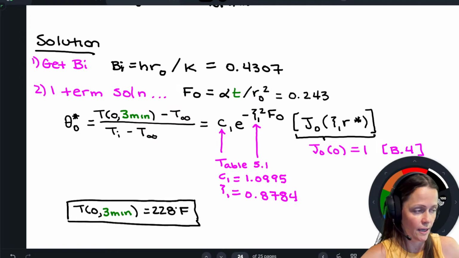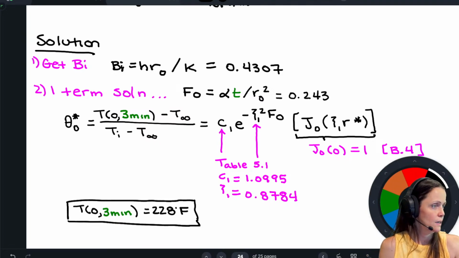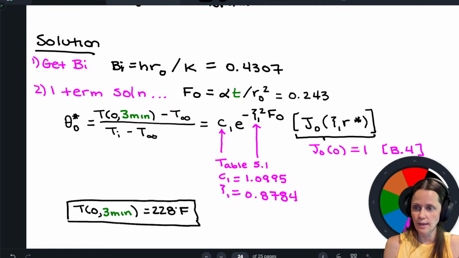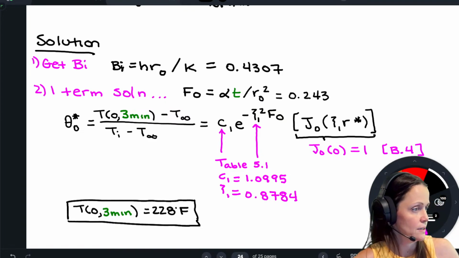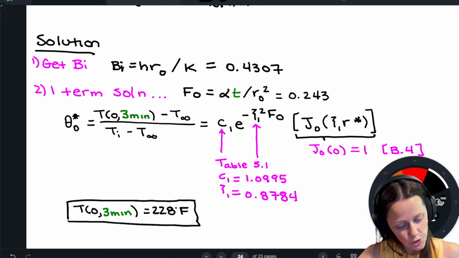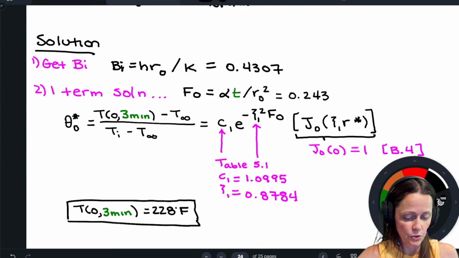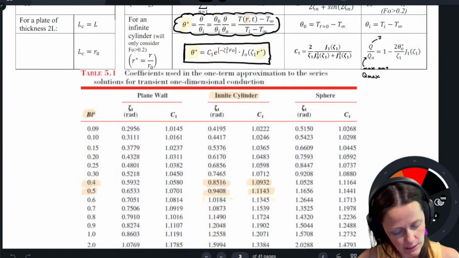So let's go ahead and solve it looking at the Heisler charts. See what we got there.